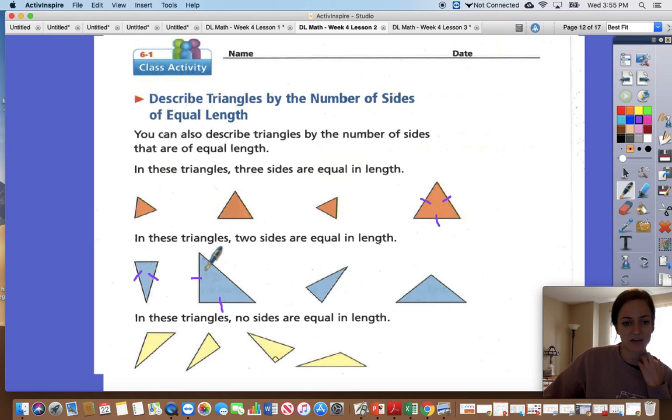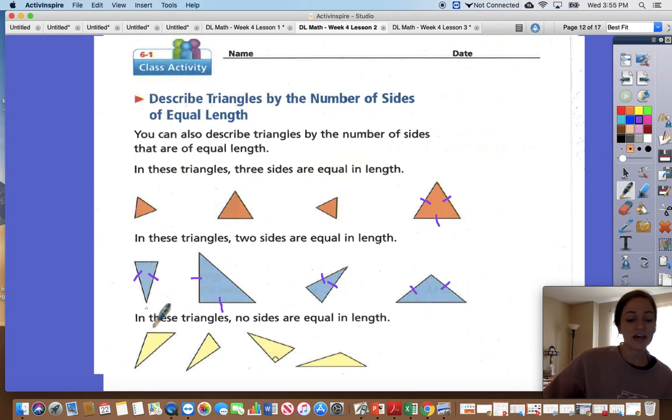If you were to measure these out, this one and this one are the same length, and then this one's longer to connect them together. What about this one? Which two sides are the same length? This one and this one. And the last one? This one and this one.